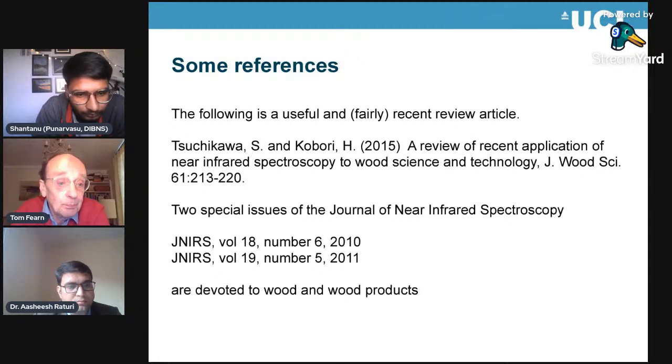People are using portable NIR instruments to measure the sugar content in fruit while it's still on the tree, and decide when to harvest. Similar applications are being used on grapes.